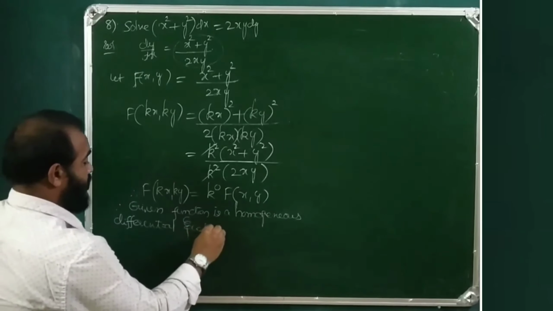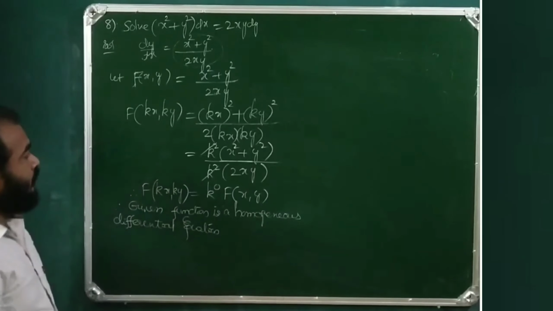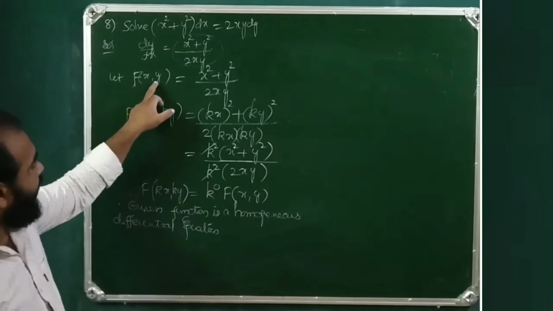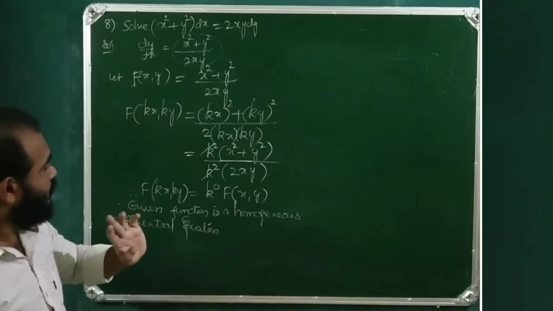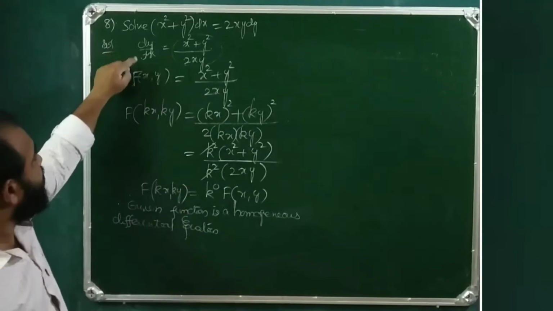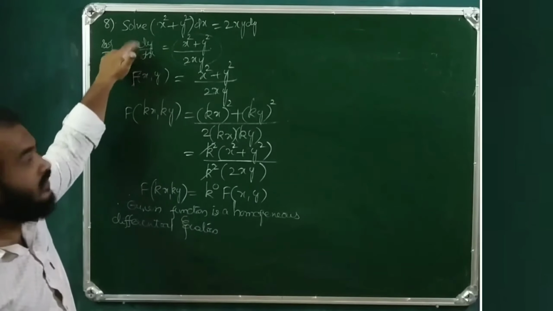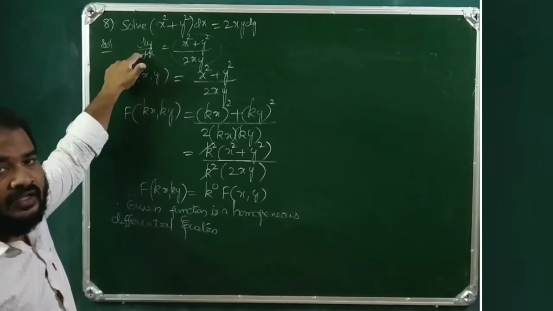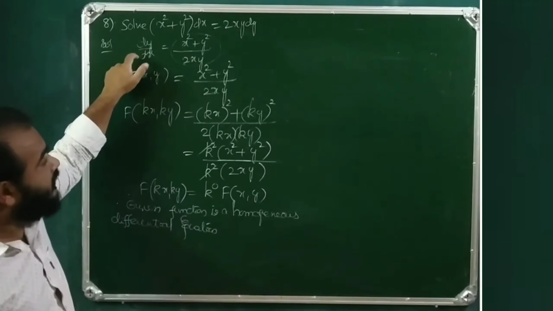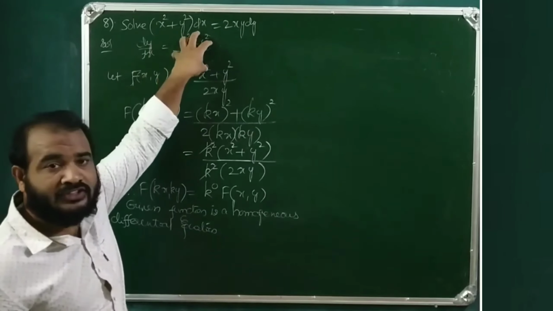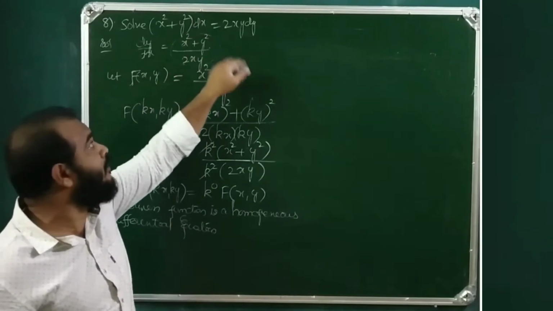Now, since this is dy by dx, we should express the given function as f of y by x.